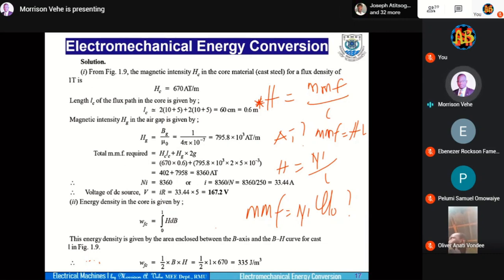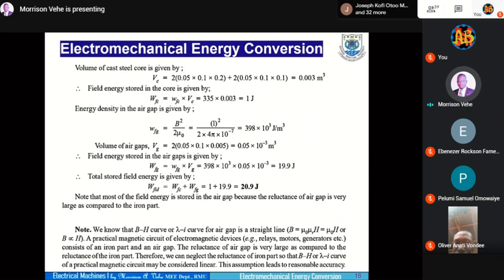Sorry, I'm back. We could also determine the stored field energy, and we would have to look at the energy stored in the core and then the air gap. Basically, that's all we are trying to deal with, the core and then the air gap.